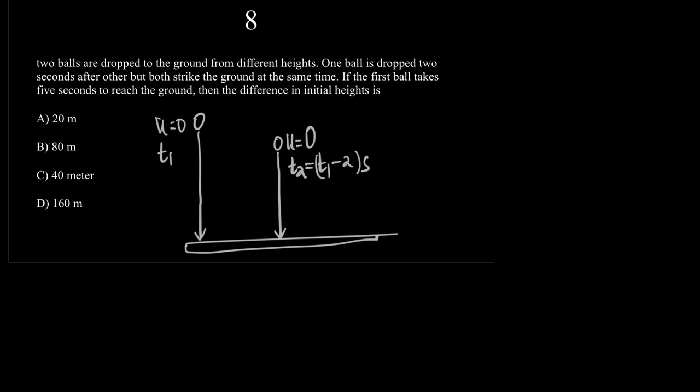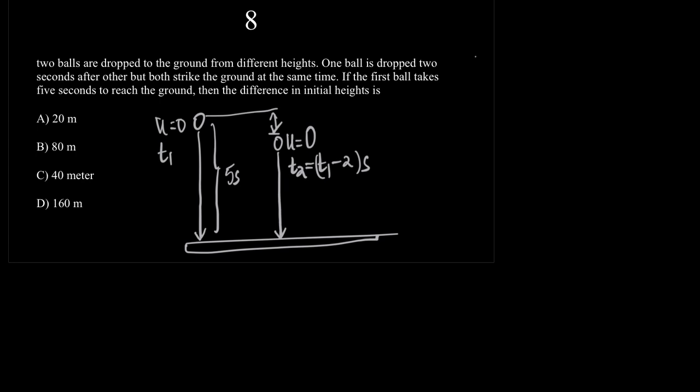We need to find the difference in the initial height. What else is given? If the first ball takes 5 seconds, this complete travel takes 5 seconds for the first ball. These are the given informations, so now let's try solving the question.